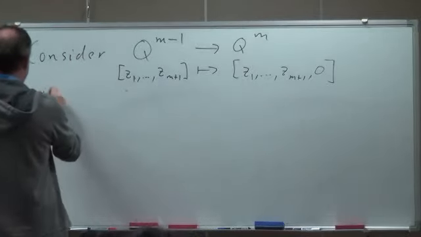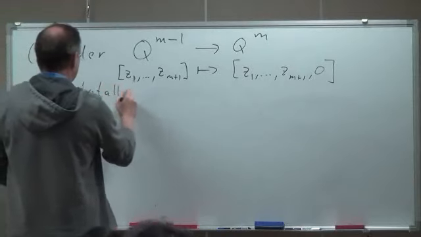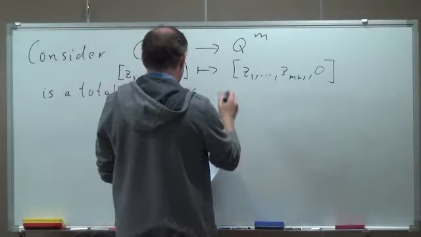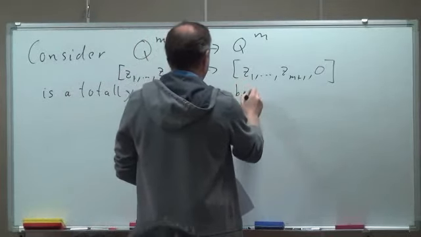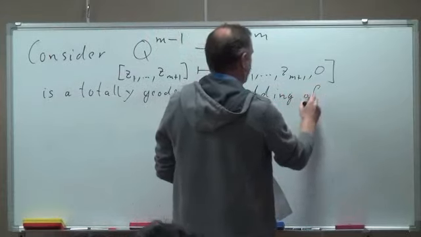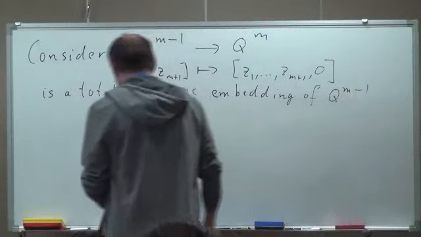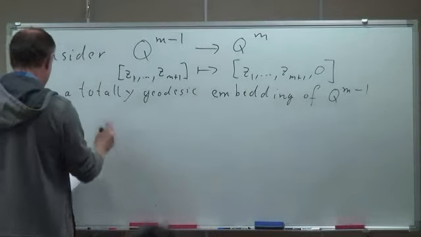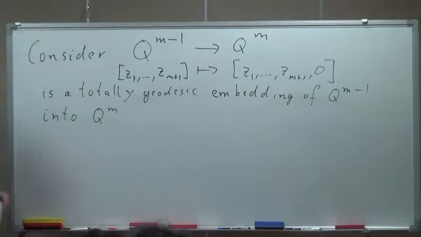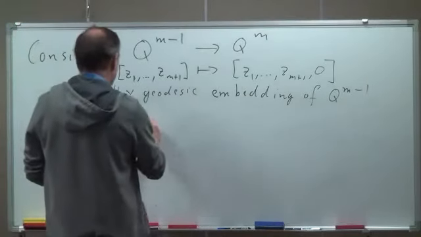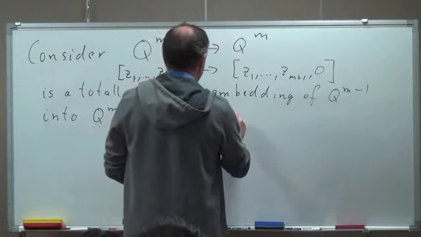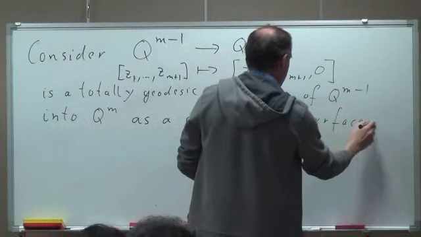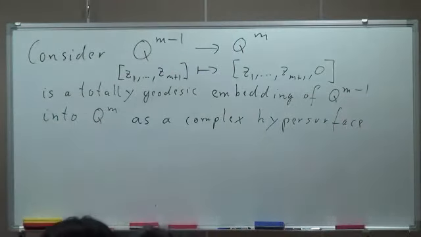It's not difficult to prove. It's a totally geodesic embedding of the (m-1)-dimensional quadric into the m-dimensional quadric as a complex hypersurface.